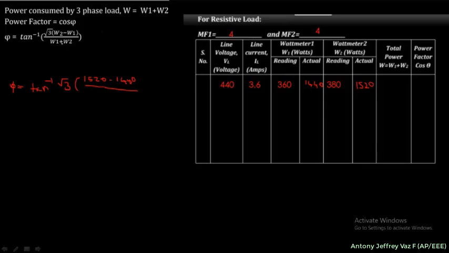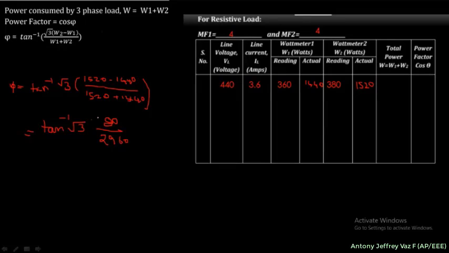Divided by W1 plus W2, nothing but 1520 plus 1440. The value coming here is tan inverse of root 3 into 80 divided by 2960.